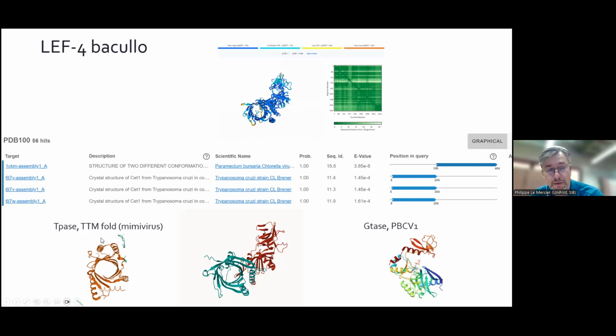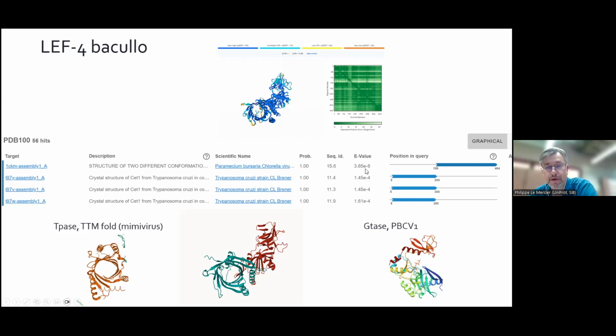So you see the mimivirus TPase, which is like a beta barrel, which is found in LEF4, and the GTase of another virus. So in baculovirus, they are put together in the same protein, but it's the same fold as in other viruses. And you can identify, like you would do for InterPro Scan, actually.